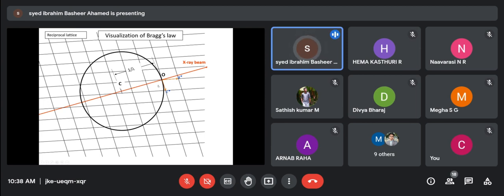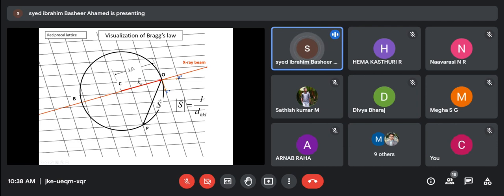So from the point O, I take a distance of 1 by lambda as the radius and make a circle. I am calling this K naught. Then I am thinking of another point P, which is falling on the circle, at a distance of 1 by d_hkl.